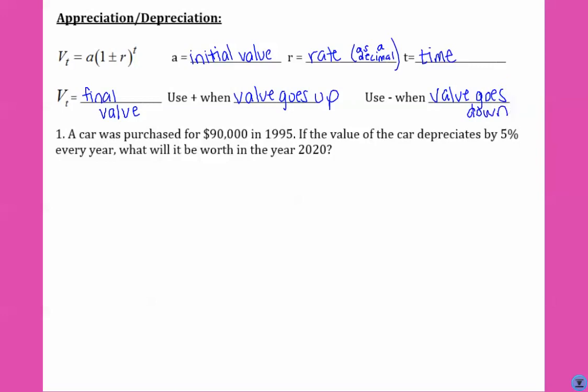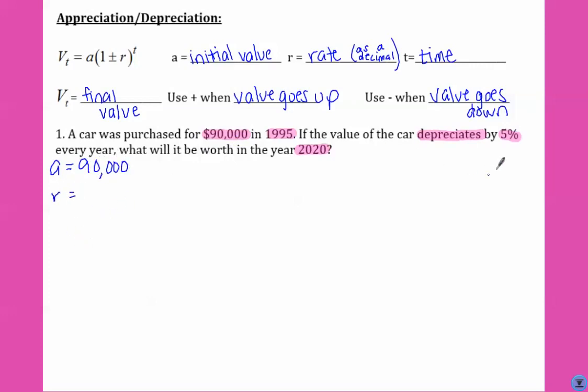All right, so our first example. A car was purchased for $90,000 in 1995. If the value of the car depreciates by 5% every year, what will it be worth in the year 2020? So our starting value, A, our initial value, the car is initially worth $90,000.